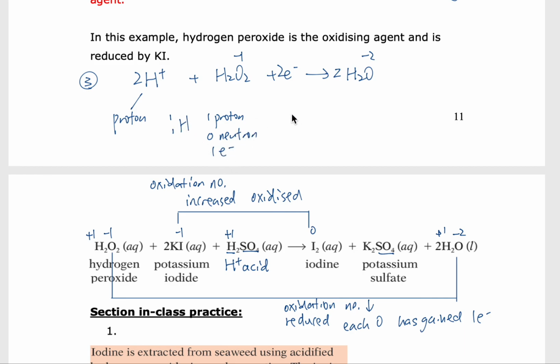If you remove 1 electron from this hydrogen atom, then it's going to be simply 1 proton. So that's why in many videos, you'll see hydrogen ion being referred to as proton. Now, our chemical reaction is balanced.